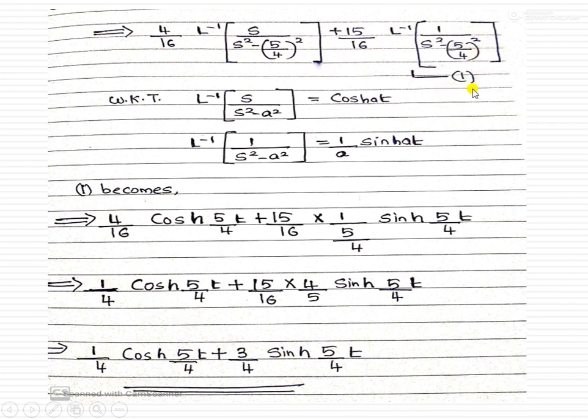So we know the formula that the inverse Laplace transform of s by (s squared minus a squared) equals cosh at, and the inverse Laplace transform of 1 by (s squared minus a squared) equals 1 by a sinh at.